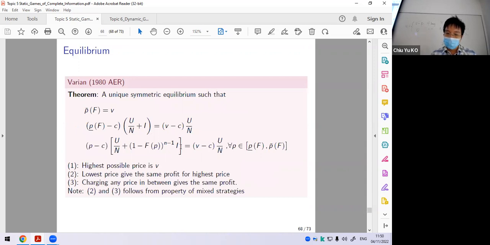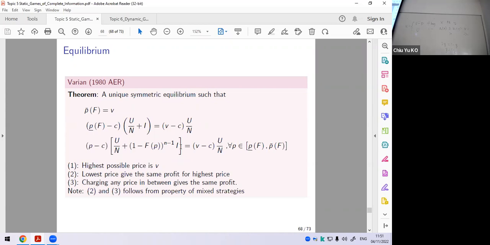It turns out that this is the implication. You need a symmetric equilibrium in which you charge the maximum price, and the minimum price, of course, is not C. The minimum price will satisfy this constraint, because you will be indifferent between the highest price and the lowest price. At the higher price, this is your payoff.